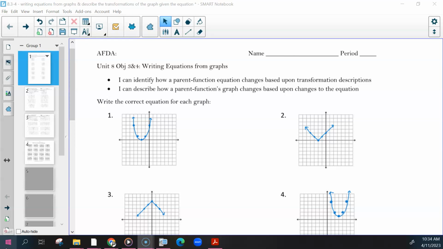It may help if you take out the last set of notes on transformations. That way you have that to compare back to, because it's been a while since we did transformations. If you don't have that with you, that's okay, because we are going to be talking about it as well.